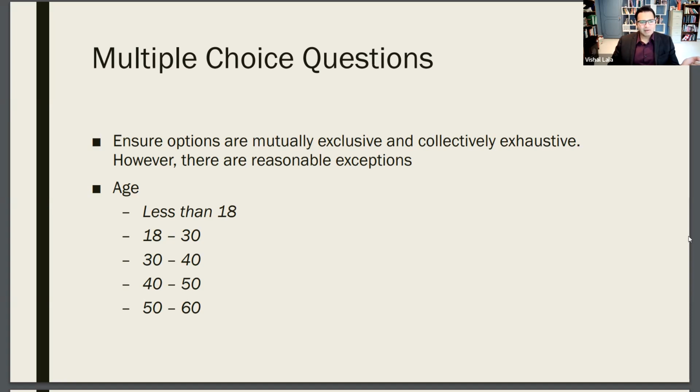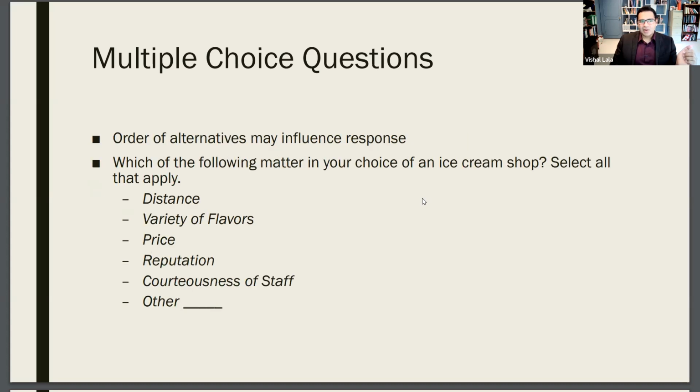What if you're 30, 40, or 50 years old? What do you say? And furthermore, it doesn't have a category for somebody who's above 60. Is that reasonable to have that missing? And of course, the less than 18, I don't know if that should even be there because there are laws about gathering data from those under 18. So that probably shouldn't even be there, right?